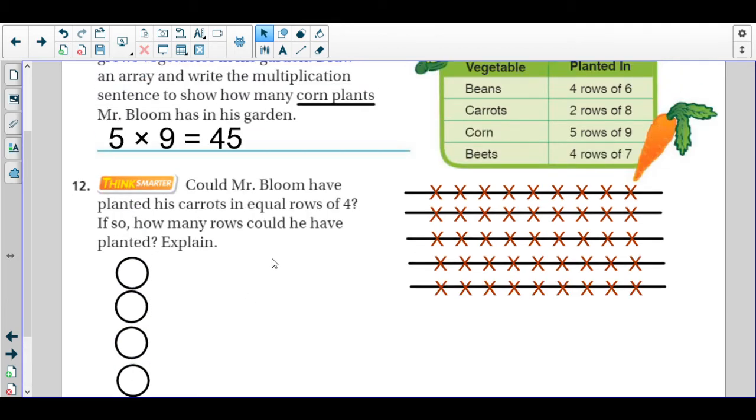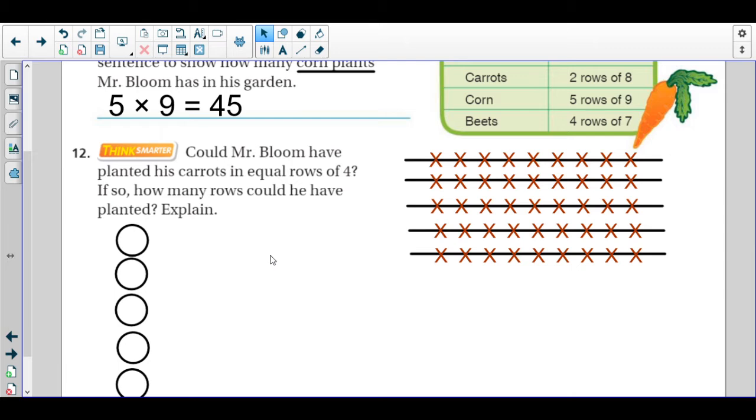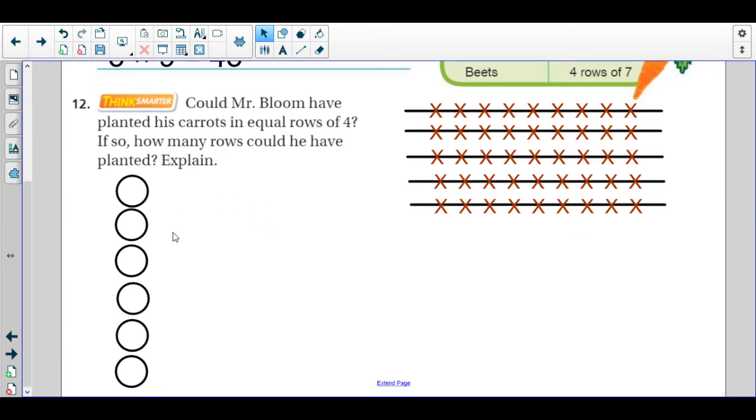And what did we have for the carrots? 2 rows of 8. 1, 2, 3, 4, 5, 6. Let's see, I'll just get 2 more of these copied. All right.